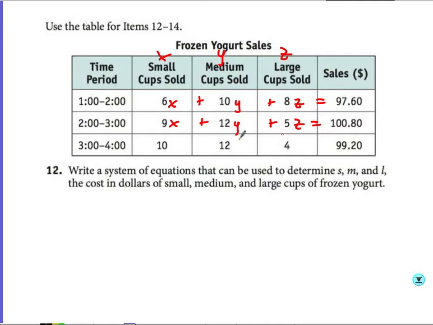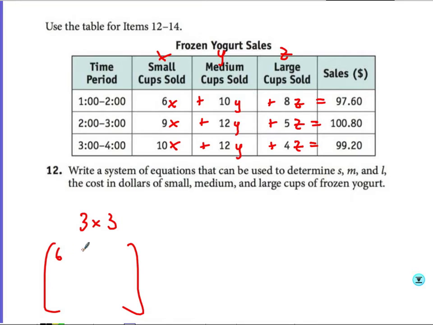And very conveniently, all our variables are lined up, which is very important before you begin to write the matrices here. So again, here we have 3 variables, so that lets me know that I'm going to have a 3 by 3 matrix.